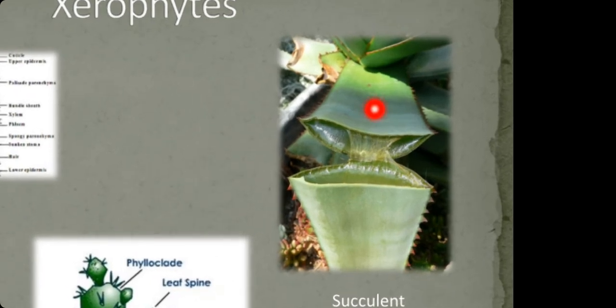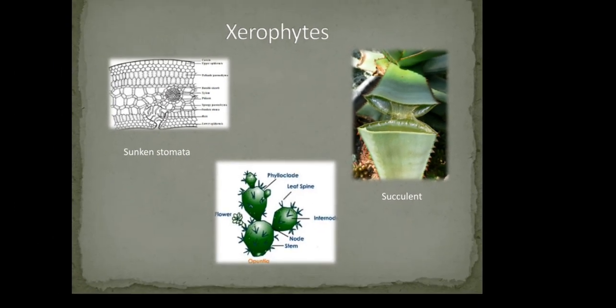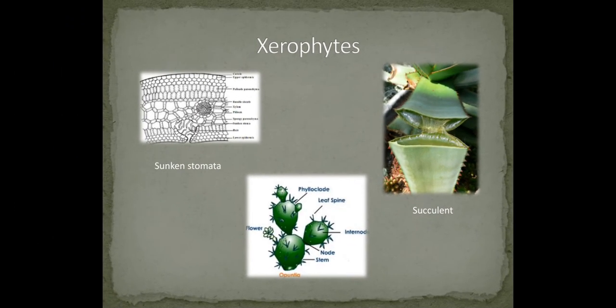Yes, look here. This is the leaf of the aloe, and inside this leaf the gel-like material is present. So this is called a succulent plant or a succulent organ, because in this plant the water can be stored in a special type of tissue. So xerophytes also have succulent organs, in which they store the water for their future use. Okay, cactus is also one of the succulent xerophytes.